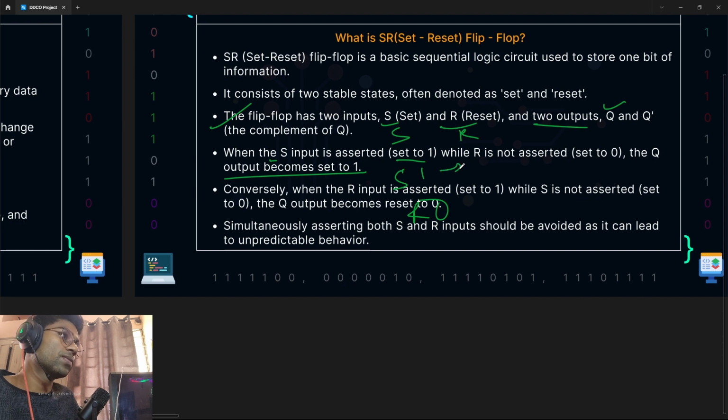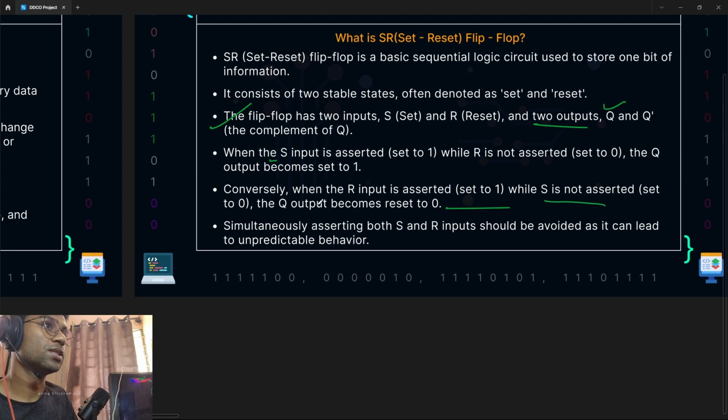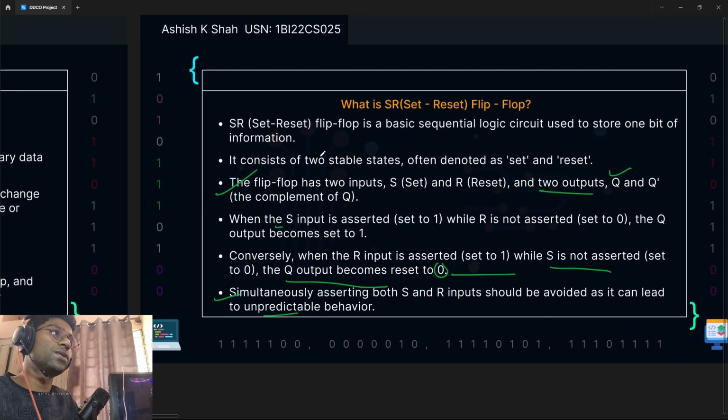Conversely, when the R input is asserted and the S input is not asserted, the Q output becomes 0. Simultaneously asserting both S and R should be avoided because it can lead to unpredictable behavior. So we know a little bit about what an SR flip flop is and how it works, but I am going to go deeper in the next slide.